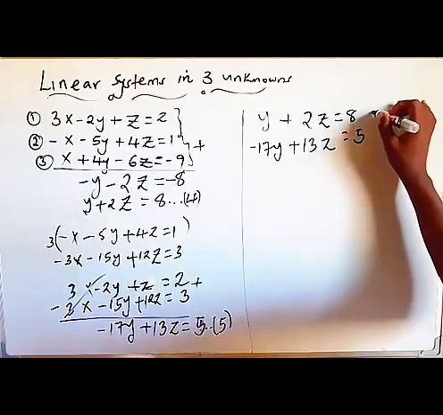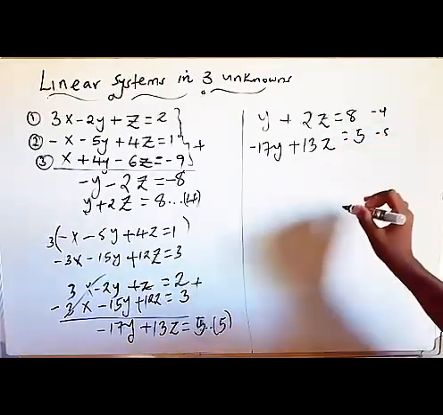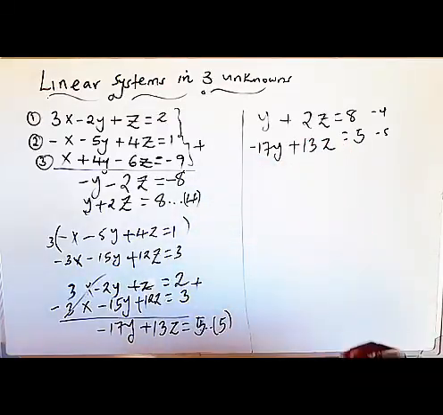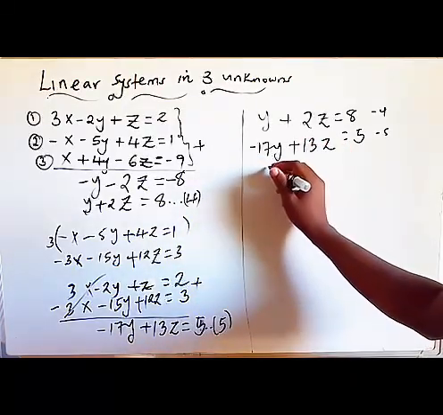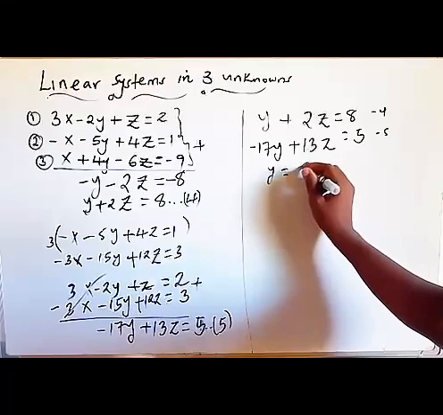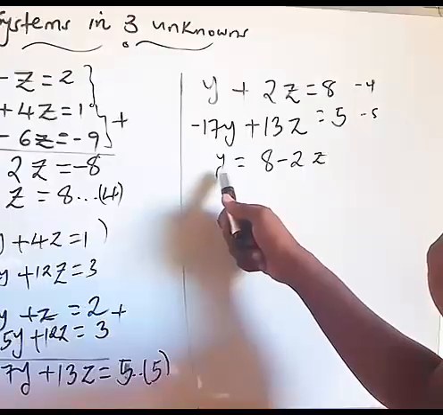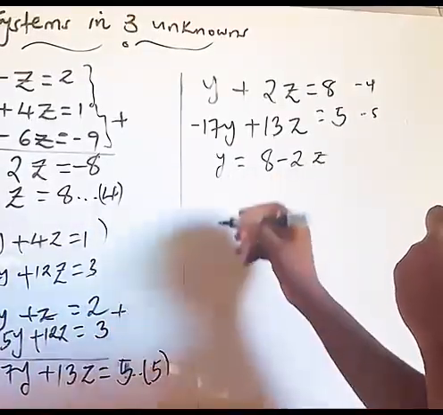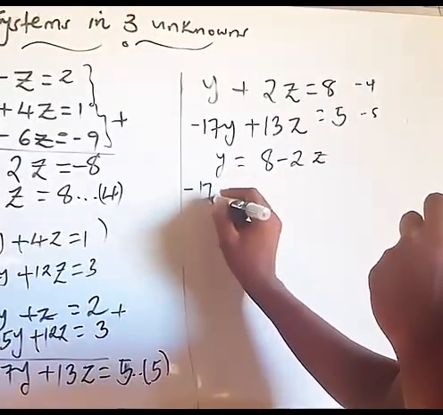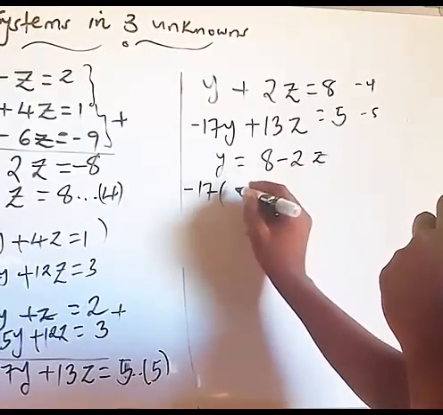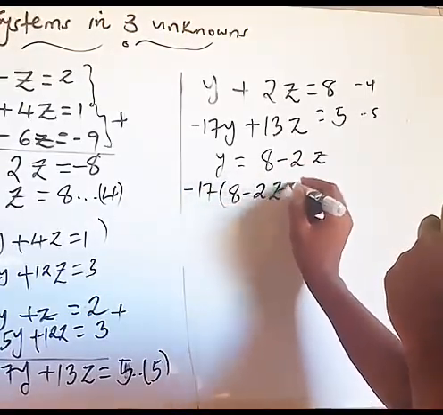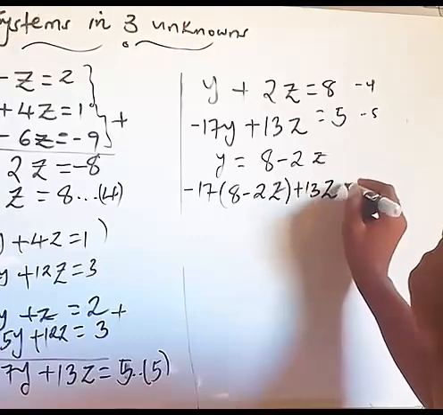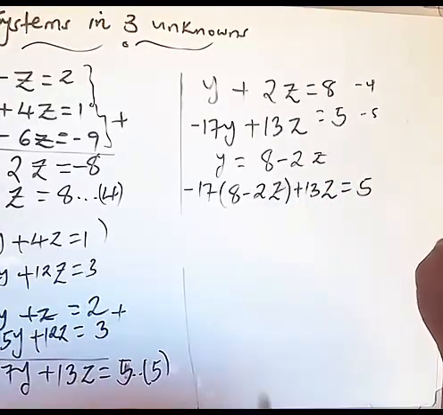We could pick equation 4 and make y the subject of the formula. So from equation 4, we know that y is the same as 8 minus 2z. Substitute y with 8 minus 2z. So we shall have minus 17, instead of y, we write 8 minus 2z, plus 13z is the same as 5.